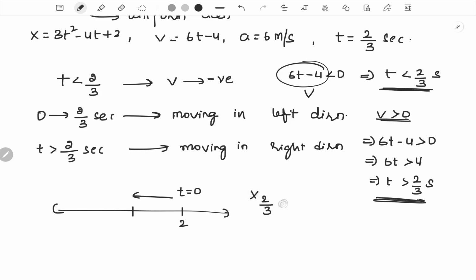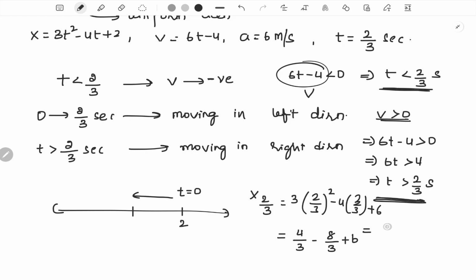So x at 2 by 3 would be 3 into 2 by 3 whole square minus 4 into 2 by 3 plus 2. So this would come out as 4 by 3 minus 8 by 3 plus 2. What would this be equal to?